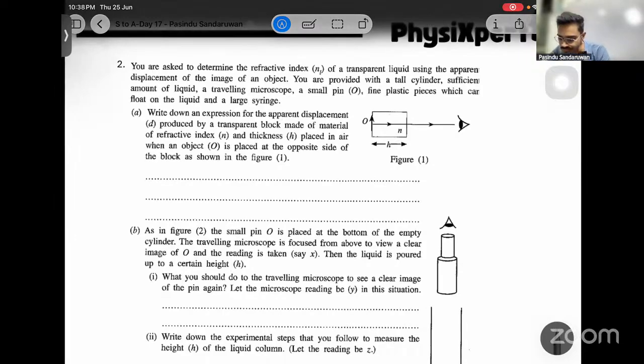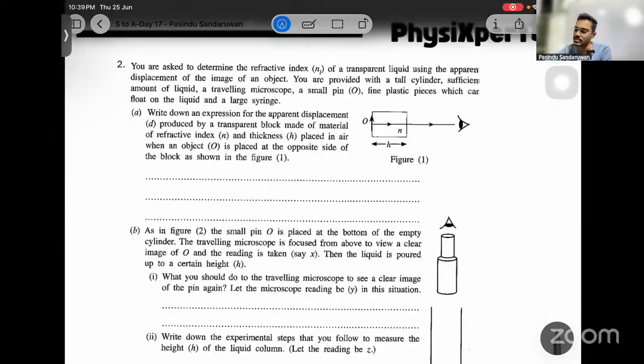Second one. You are asked to determine the refractive index N1 of a transparent liquid using apparent displacement of the image of an object. You are provided with a tall cylinder, a sufficient amount of liquid, a traveling microscope, a small pin, or fine plastic pieces which can float on the liquid, and a large syringe.